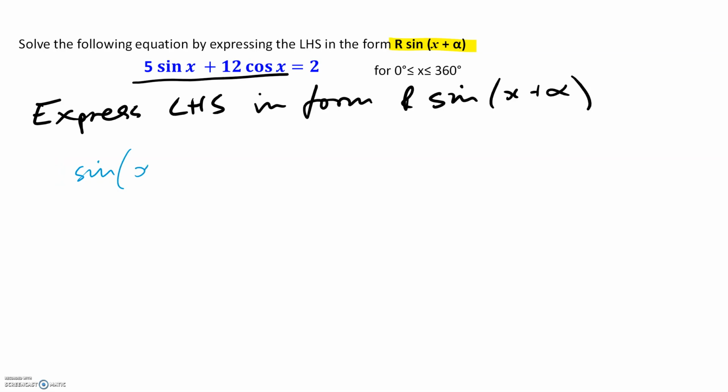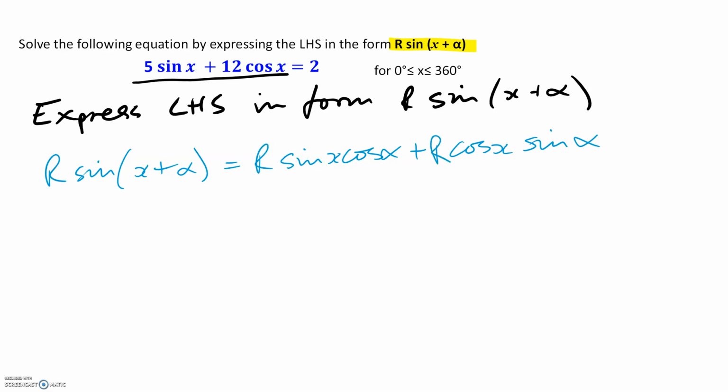Let's just forget about the alpha for a minute. So if we do the addition formula for sine this time, that's going to give us sine x cos alpha plus cos x sine alpha. Don't forget there's an r in front, so multiply everything by r.